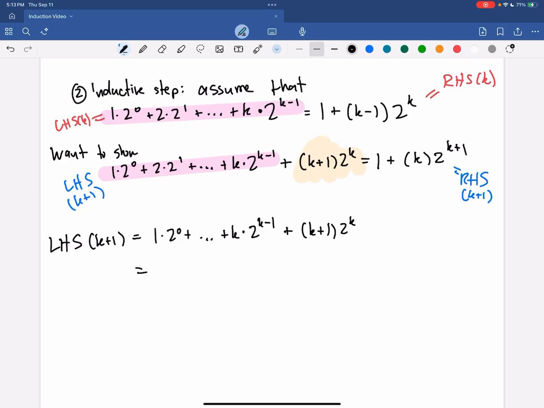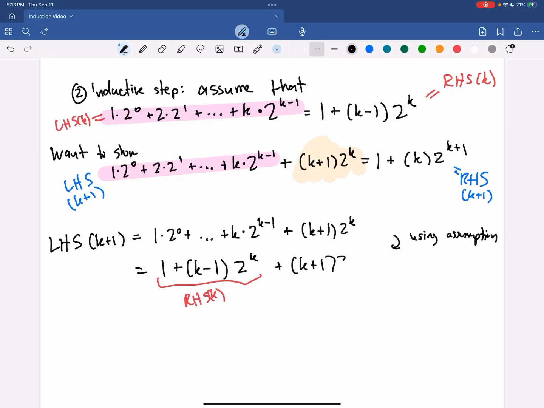So those first terms, let's replace all of them with 1 plus (k minus 1) times 2 to the k, using our assumption, because that's like right-hand side k that we plugged in. And then we still have that leftover (k plus 1) times 2 to the k.